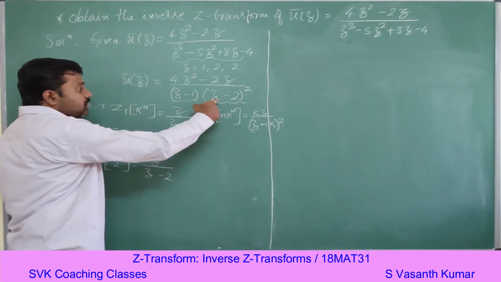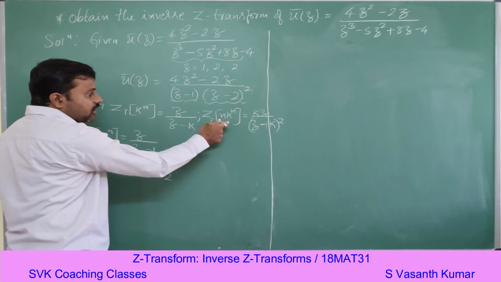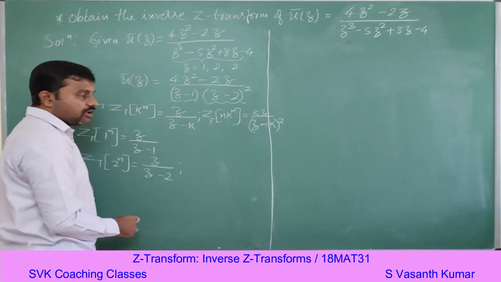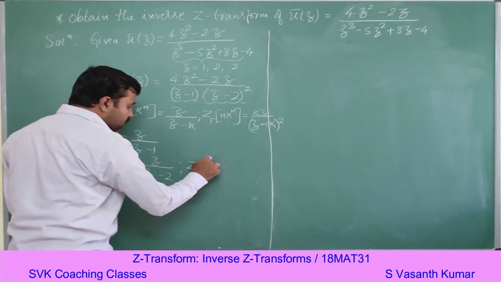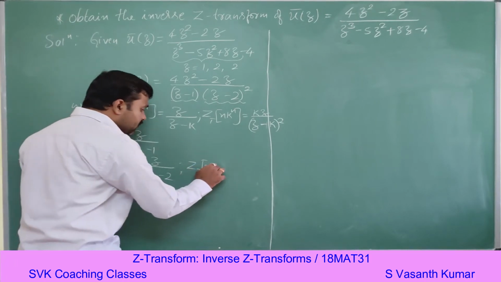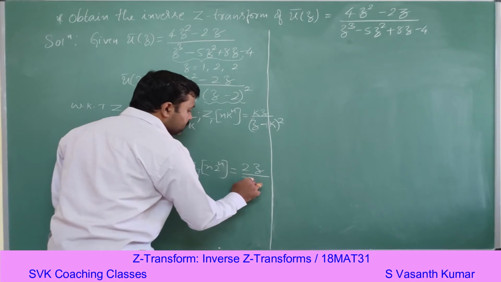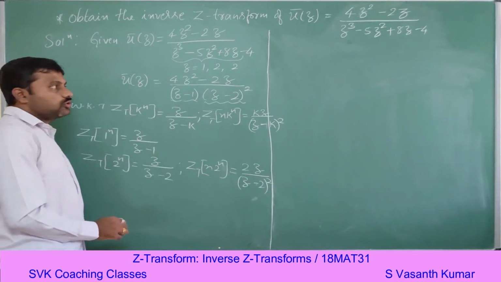Yet to find z minus 2 the whole square. So applying this property, z transform of n into k power n is kz by z minus k the whole square. So therefore, z transform of n into 2 power n is 2z by z minus 2 the whole square.